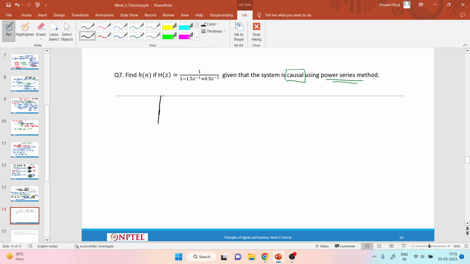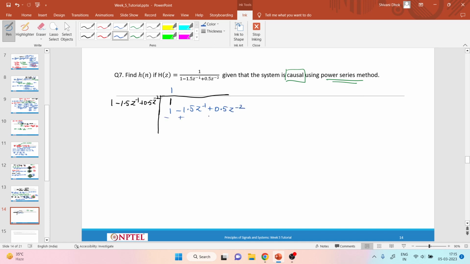So we have 1 here and 1 minus 1.5 z inverse plus 0.5 z power minus 2. For dividing this with 1, we need to cancel out this 1, so we'll simply multiply this polynomial with 1. So we'll have here 1 minus 1.5 z inverse plus 0.5 z to the power minus 2.